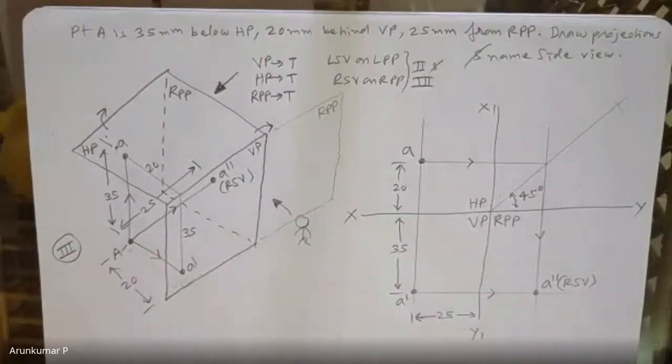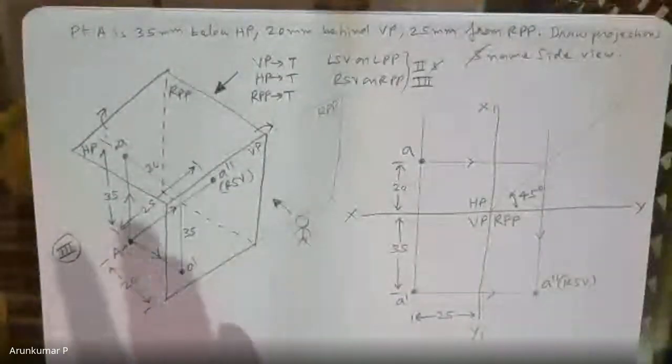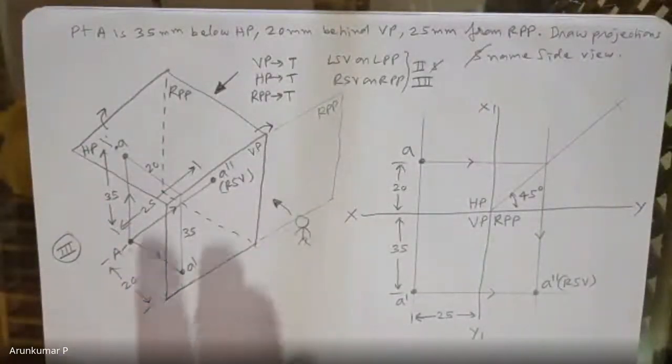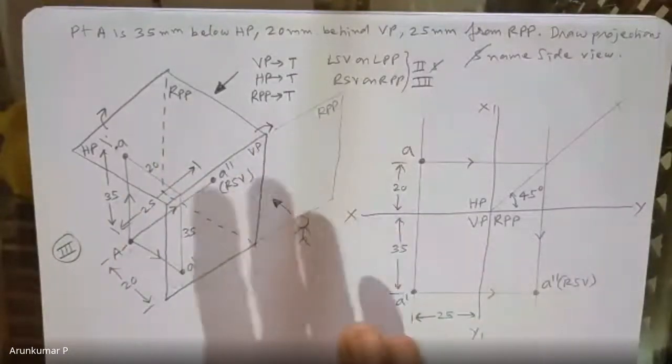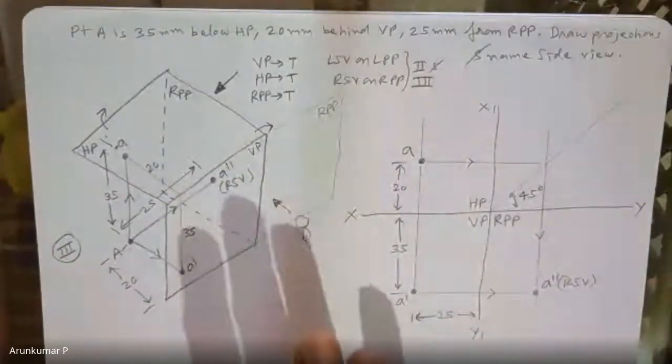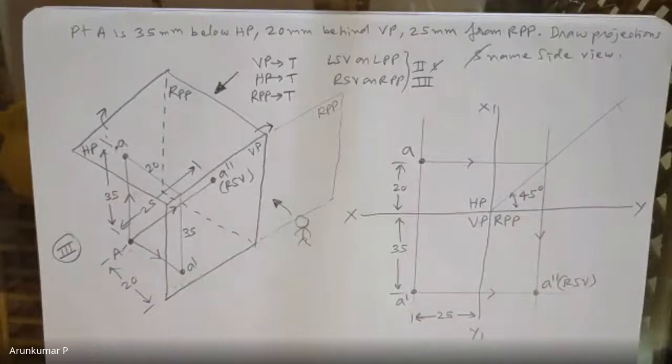So these are the couple of cases where you have the side views in the second and the third quadrant, and you have seen how it is different from the side views that you get in the first and fourth quadrant. Okay.